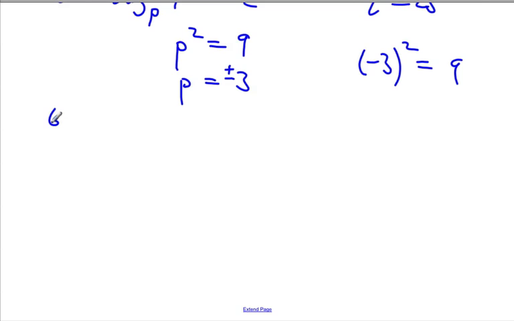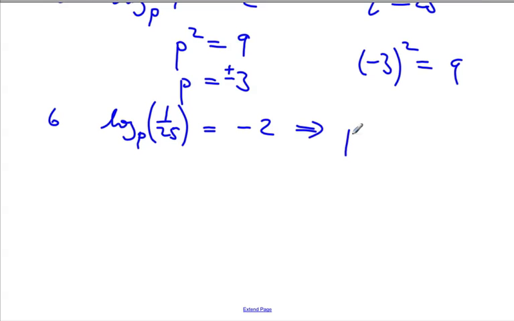This one says log base P of 1 over 25 equals -2. Right, so we do our conversion. We turn this into P to the power of -2 is 1 over 25.